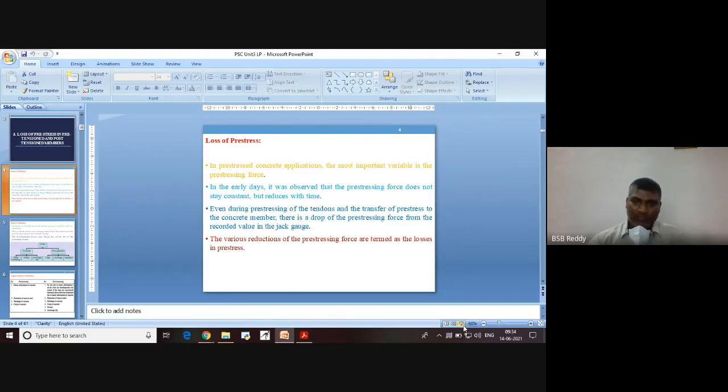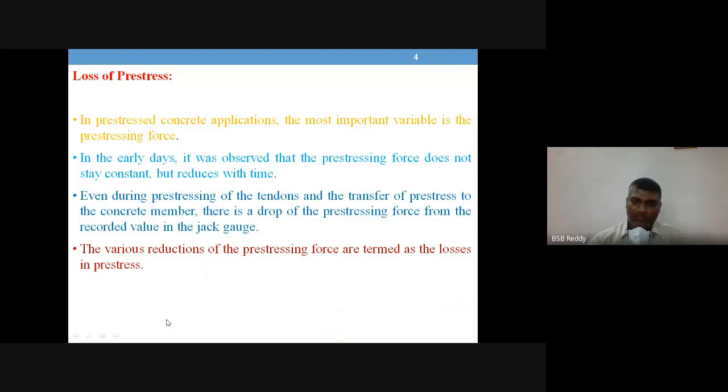Okay, so just to follow this loss of pre-stress, when we started talking about pre-stressed concrete, the most important variable is the pre-stressing force. This is the reason for pre-stress to be induced in concrete.